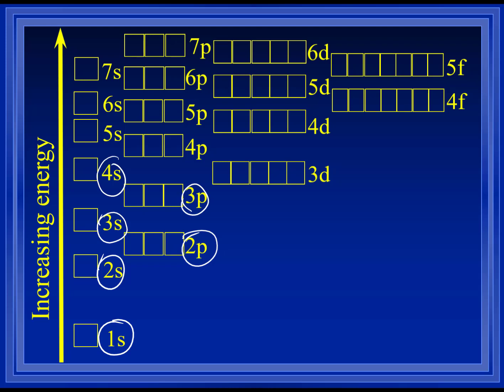So you fill up 4s before you fill up 3d. Then you fill up 3d. Then you fill up 4p. Then you fill up 5s, then 4d, then 5p. If you work your way up, those numbers don't go in order. You just have to follow this order on the way up. Okay?